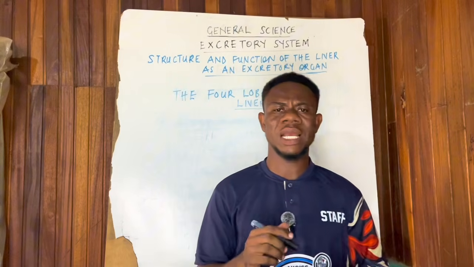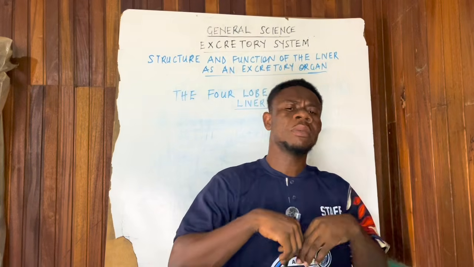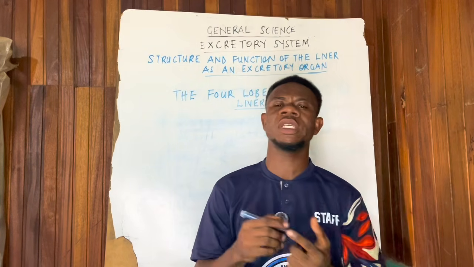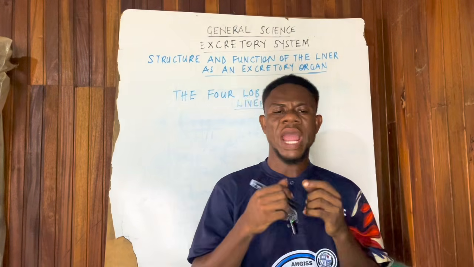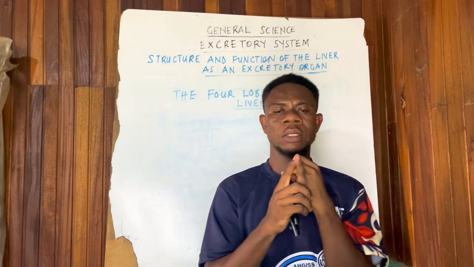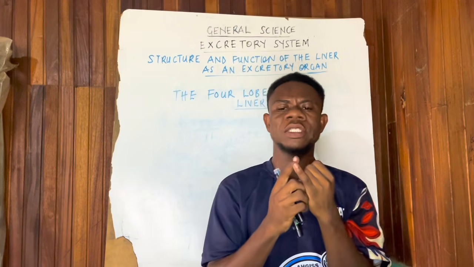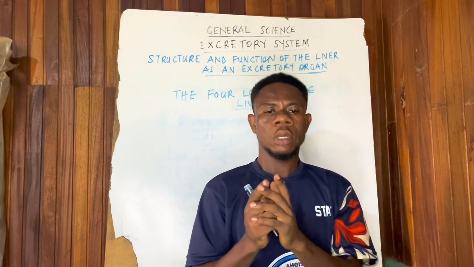As I said earlier, the first one is the right lobe. So let me talk about the characteristics of the right lobe. The right lobe is the largest lobe of the liver and occupies most of the right hypochondrium.